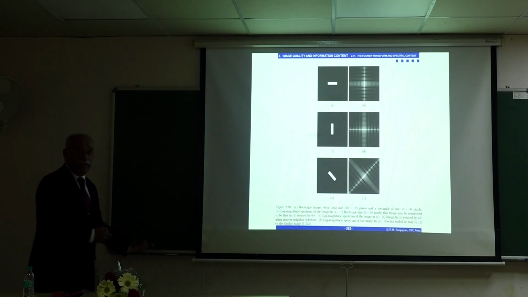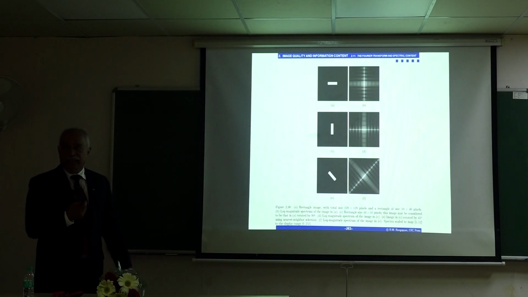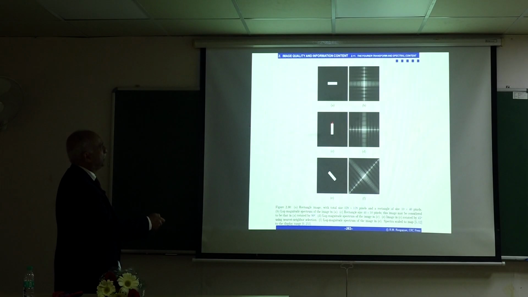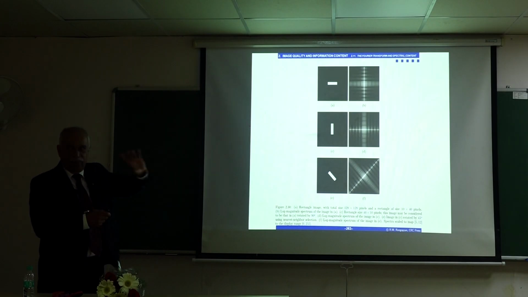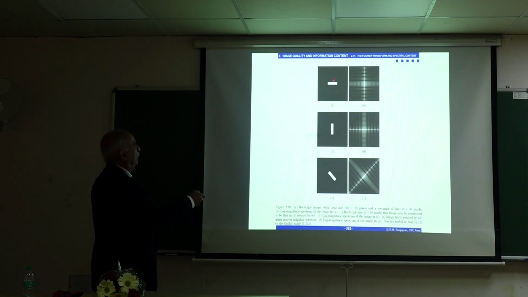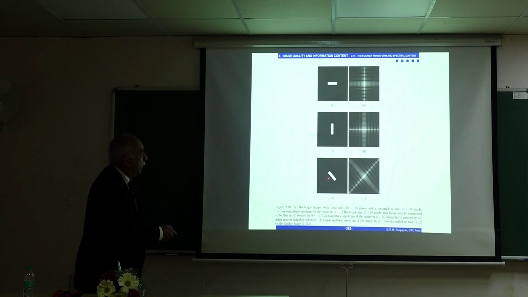And when you have a bar, a rectangle or a line, then rotation or angle is another variable. Here it is placed horizontally, placed vertically. It's essentially the same thing turned around, but for some computational variations, because everything is done on a discrete grid with size limitation. But essentially, if you rotate this, you rotate that by the same angle. And here we have at 45 degrees, you see that major axis this way and that way.